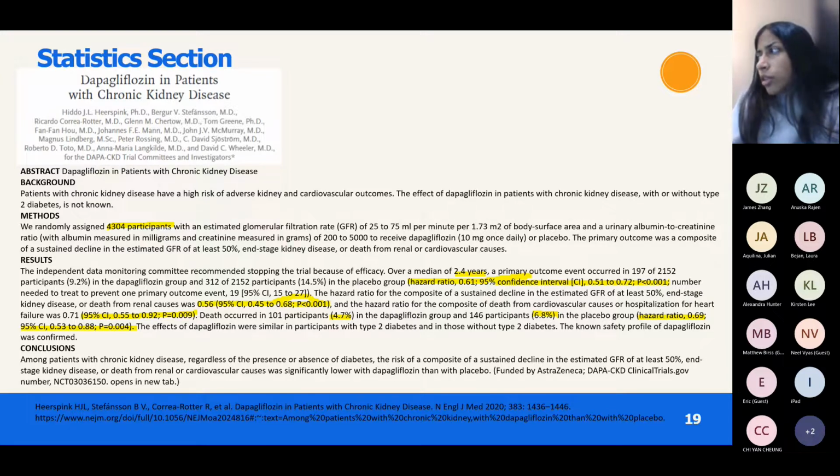And they've given you a few other useful bits of data there about risk of death, which is very important, of course.